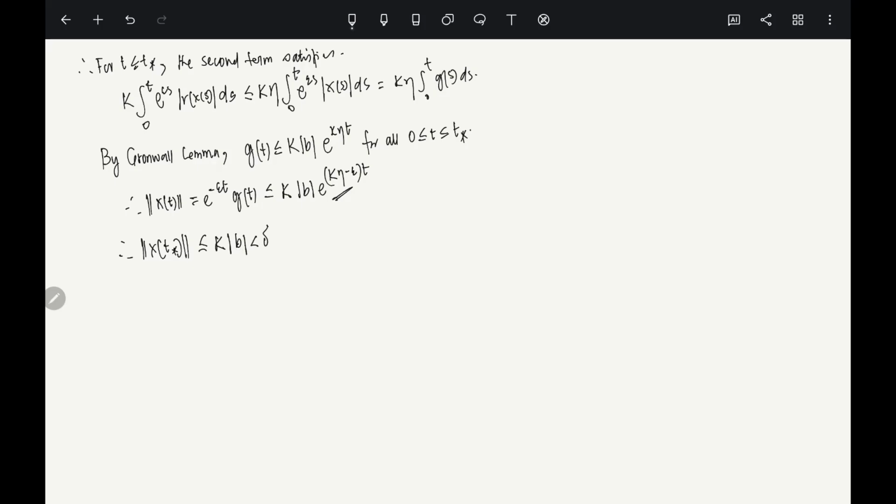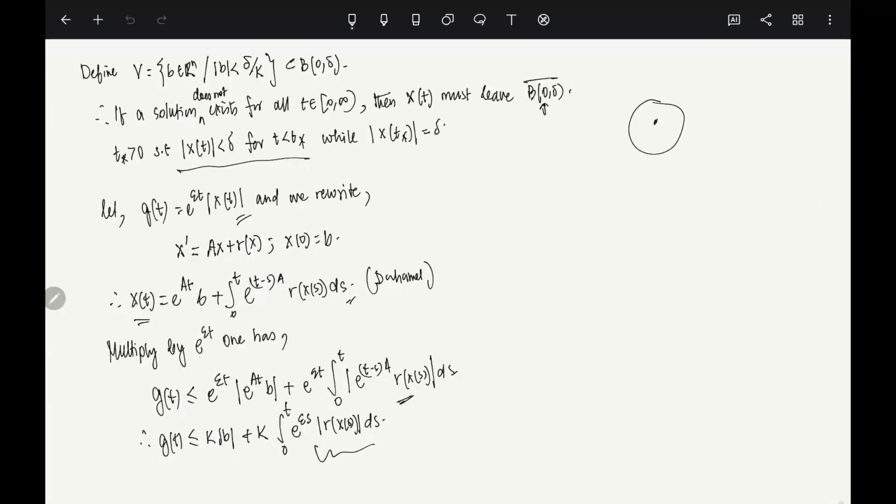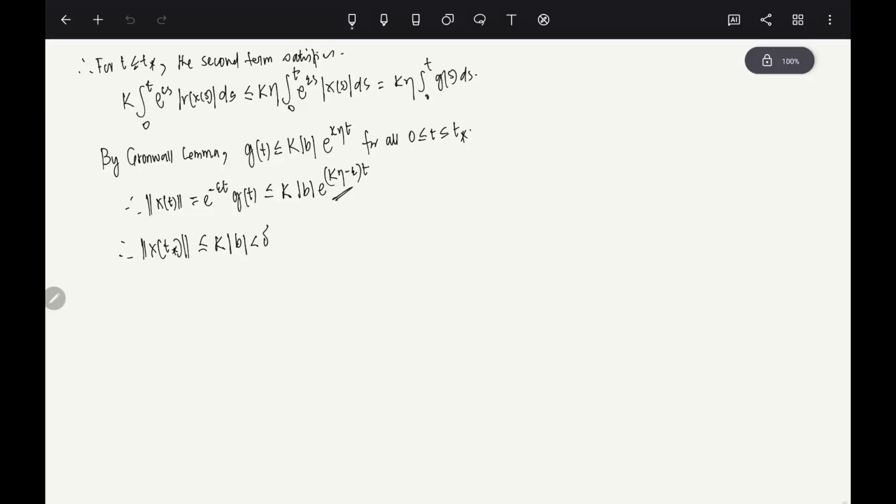So that's a contradiction, because we are saying that the norm of x of t star is equal to delta. So if the solution leaves the ball, there is a contradiction.